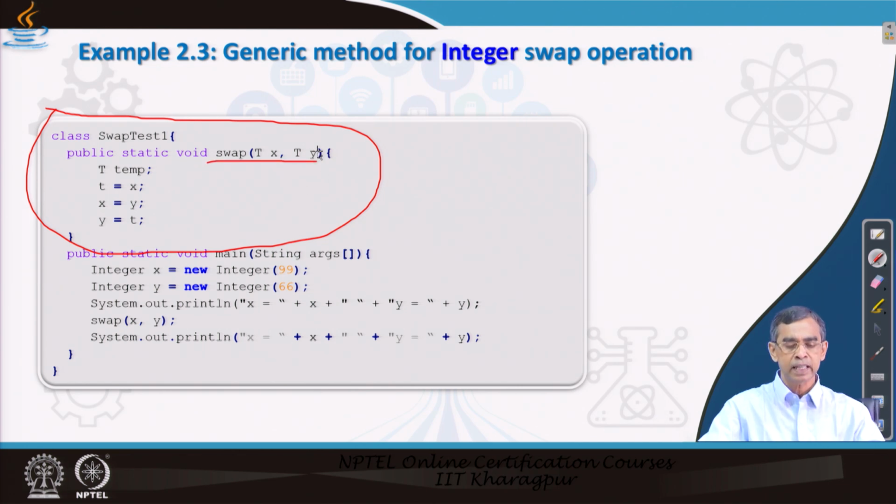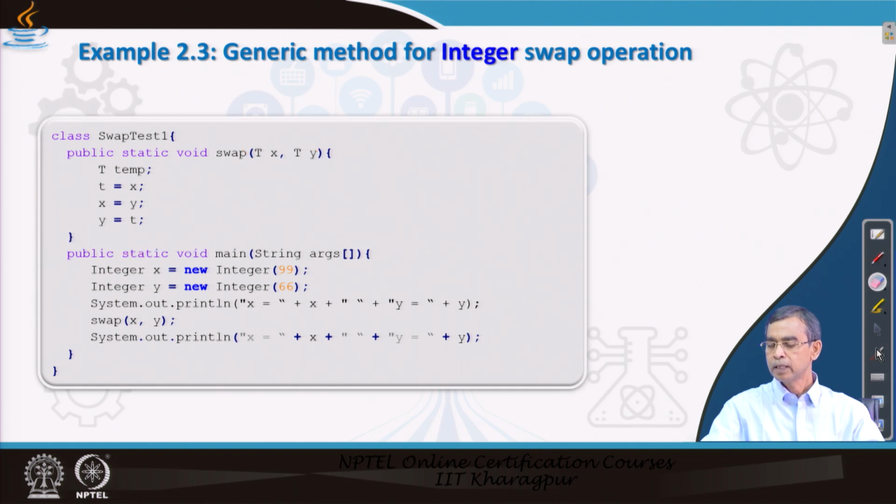And here you can see the swap method with two parameters instead of a single parameter as in the last example, x and y, both of the same type T. If x is one type and y is another type, then you could write T and U or whatever. So, that is the concept that you have to think about.